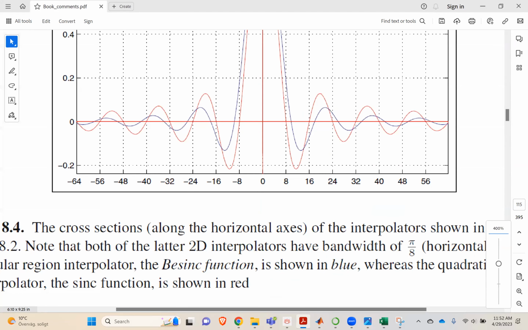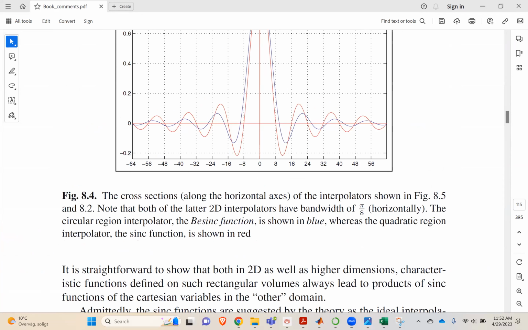You can see the red one is the sinc function. At every one of these positions, I mean 2 pi by 8 position, or pi by 8 positions, I don't know which is correct, because in one place it's mentioned 2 pi by 8, here it's mentioned pi by 8, and above it's 2 pi by 8. We need to ask him. So at every one of these pi by 8 positions, it is 0. But in the basis function, it's not like that. It's not going to the exact positions.